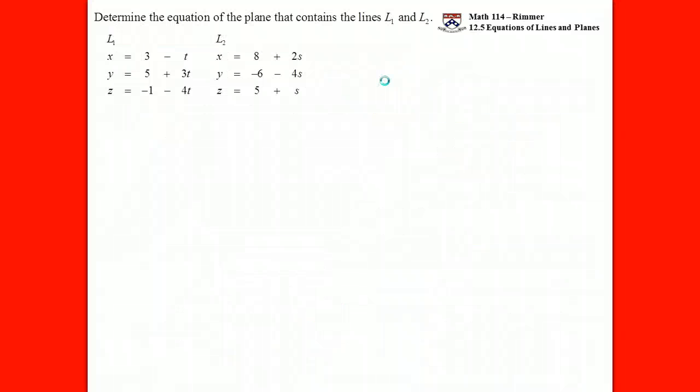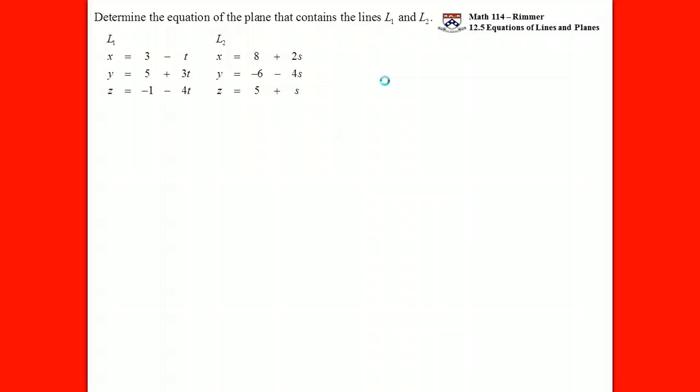That's exactly it. And so here's two lines out in space. These are the two lines that we had before that intersected in the point. So we know there is a plane that contains these two lines. Our job is to find that plane.